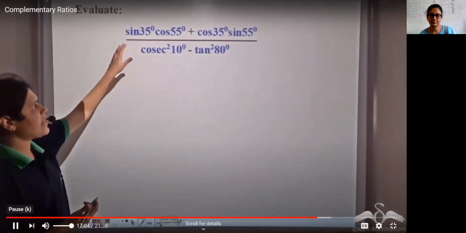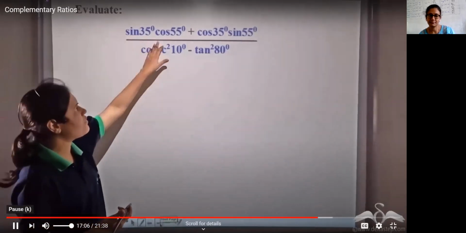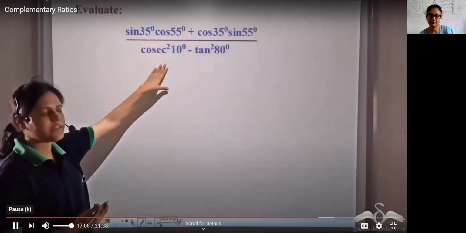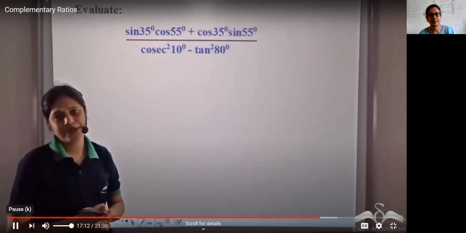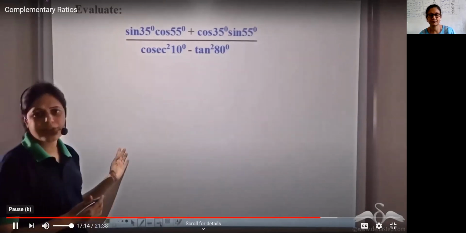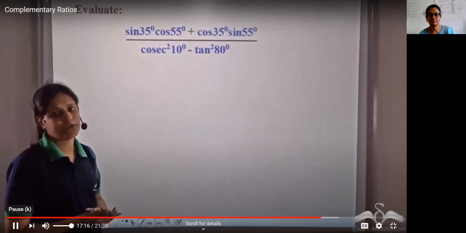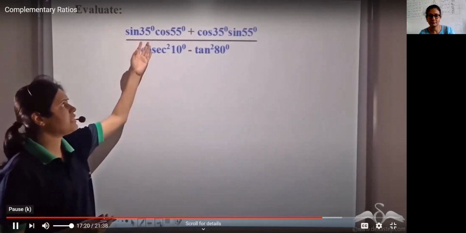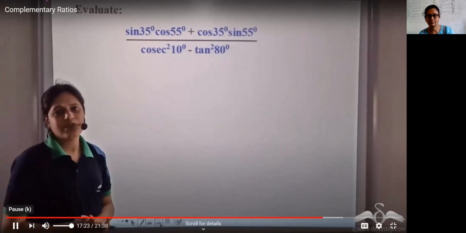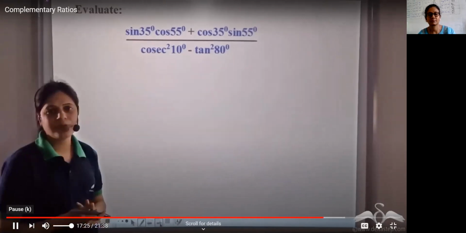Well, we have sine 35 degree, cos 55 degree, cos 35, sine 55, cosec 10 and tan 80. These are not standard angles like 0, 30, 45, 60, 90. So we do not know the values of sine 35, cos 55. Then how do we evaluate it?